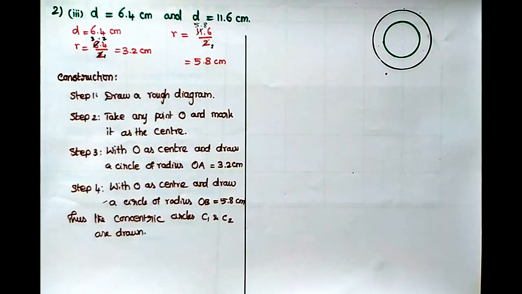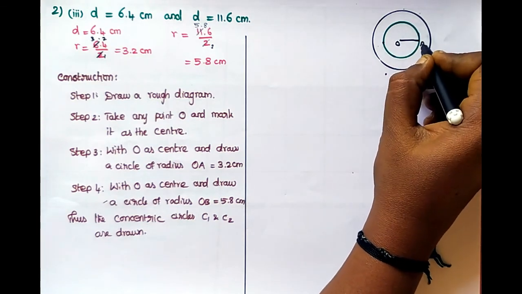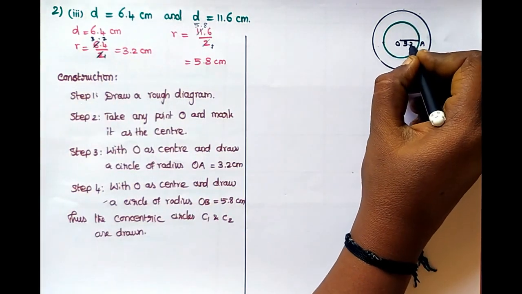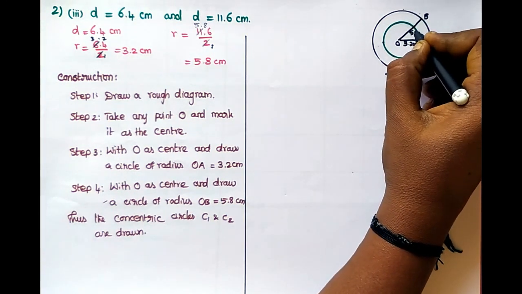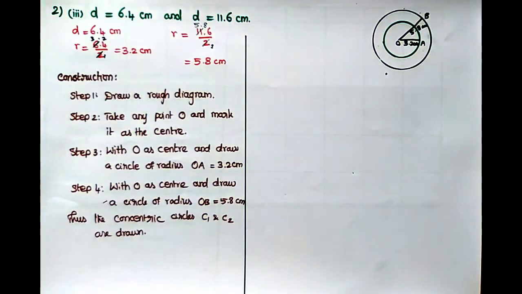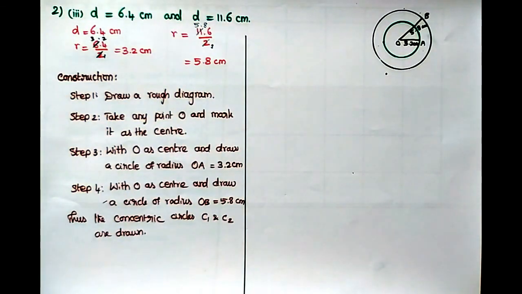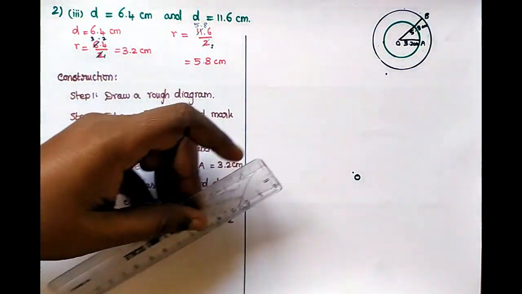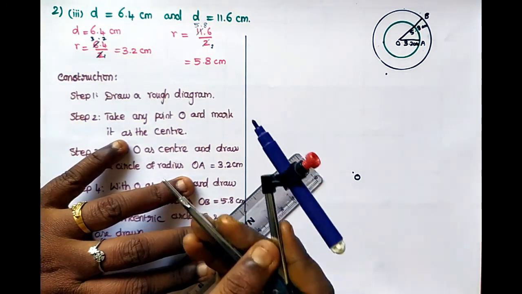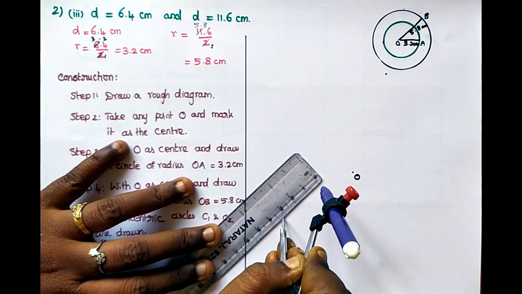Now first step, draw the rough diagram. Now OA equal to how much? 3.2 centimeter and OB equal to 5.8 centimeter. Now draw the concentric circles. First mark a point O and then take measurements, that is 3.2 with your compass.